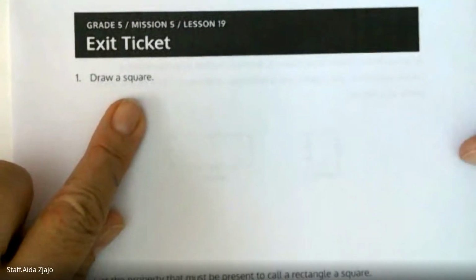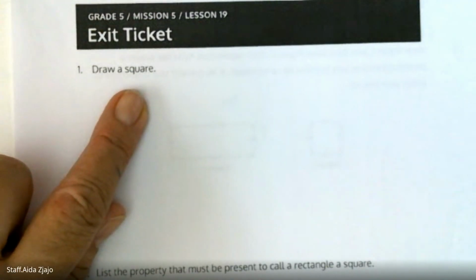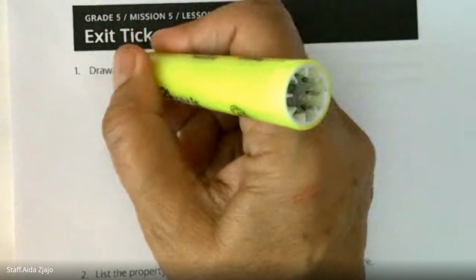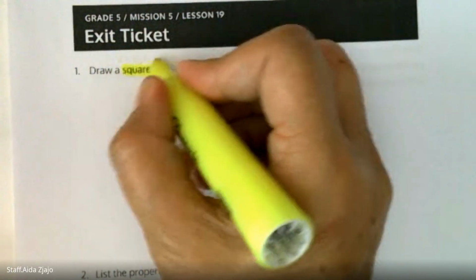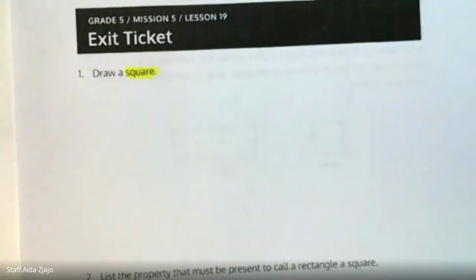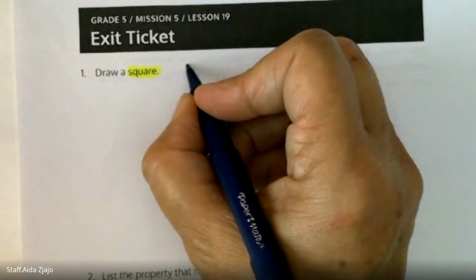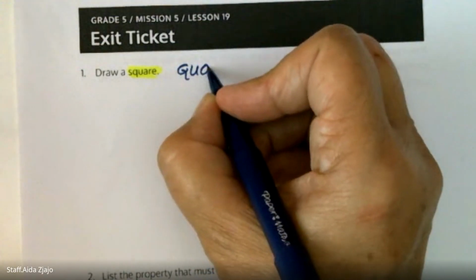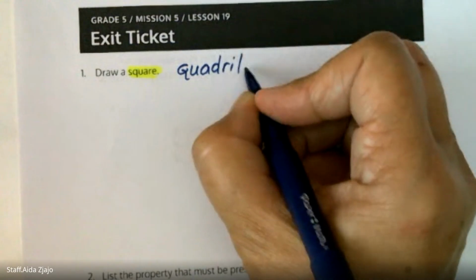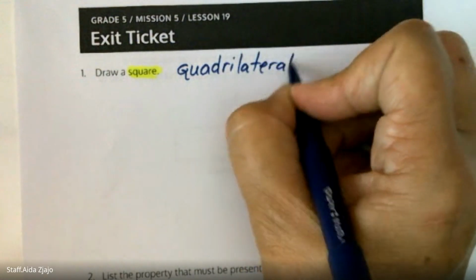Exit ticket. Draw a square. So, knowing the properties of a square, a square is a quadrilateral.